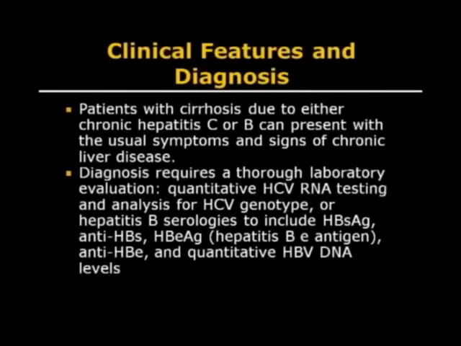Patients with cirrhosis due to either chronic hepatitis C or B can present with the usual symptoms and signs of chronic liver disease. Diagnosis requires a thorough laboratory evaluation: quantitative hepatitis C virus RNA testing and analysis for hepatitis C virus genotype, or hepatitis B serology to include hepatitis B surface antigen.